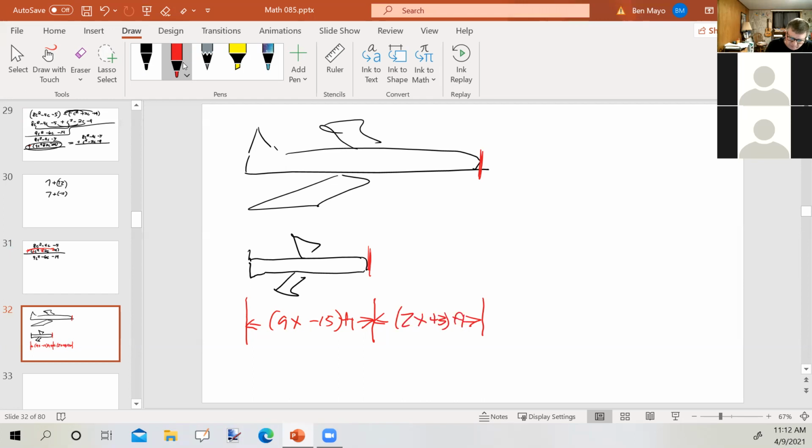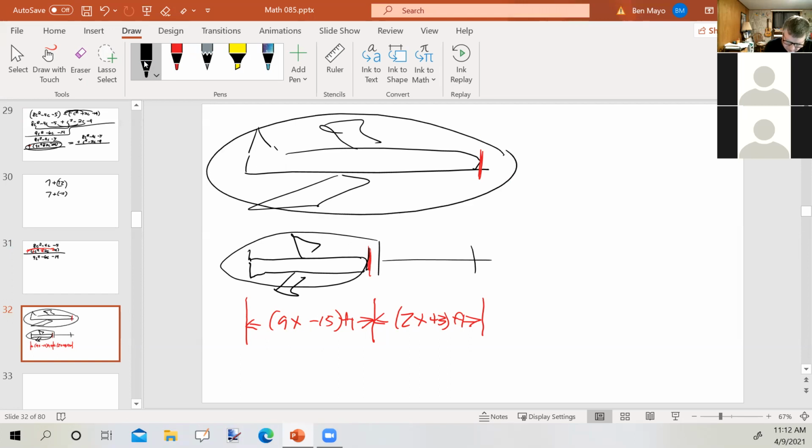So what would you do? Subtract. Careful. We know this length and we know this extra distance. So how would we find the total length here? Oh, we would have to add them. You'd add them, correct.